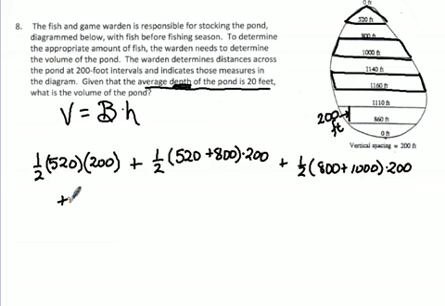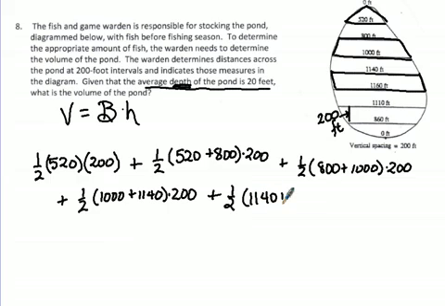And obviously if you wanted to do this, you could factor the 1/2 and 200 out on the front and just add and multiply together all the bases. But I'm going to keep going in this way since I've started. 1/2 times 1000 plus 1140, again times the height of 200. And then 1/2 times 1140 plus 1160 times 200.